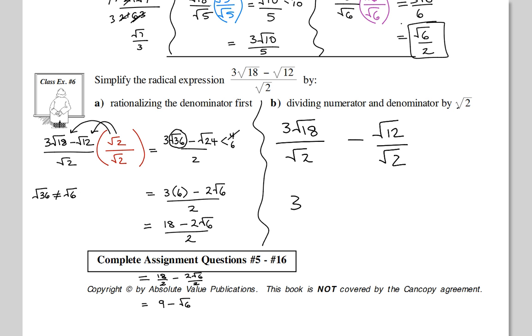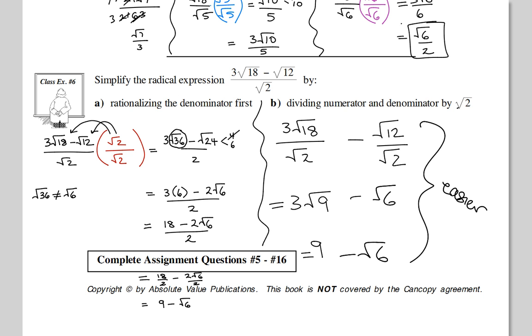And root 18 over root 2 is root 9. That's just 3 times 3, which is 9. That was pretty easy. And over on the right hand side you got 12 divided by 2 is root 6. Wow. Which one was easier? Oh, this was way easier. Way easier.